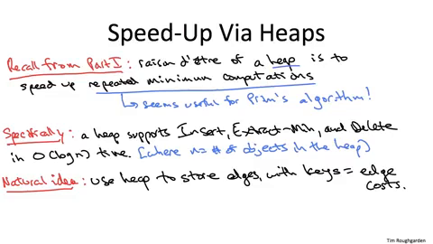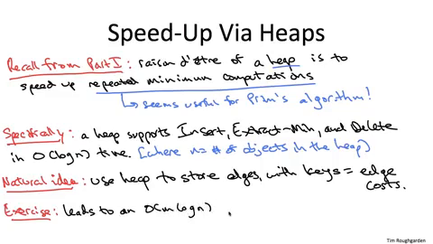And in fact, and I'll leave this as an exercise for you to work out, using heaps in this way results in an implementation that runs in time big O of m log n. What I'm going to show you instead is not that implementation, but an even cleverer implementation of Prim using heaps. We're not going to see a benefit in the asymptotic running time. This more sophisticated version will also give us m log n running time, but it would give you better constants, and it is the version you would want to implement in practice.